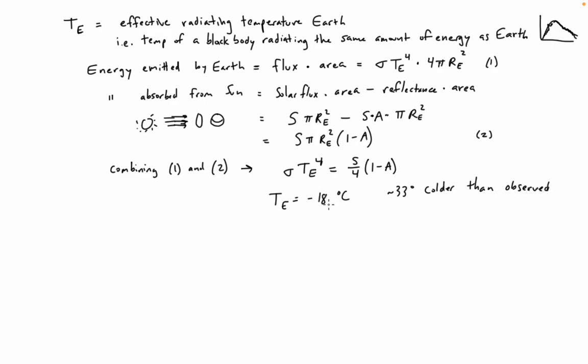And this calculation is an important one because it tells us that the overall greenhouse effect magnitude equals 33 degrees.